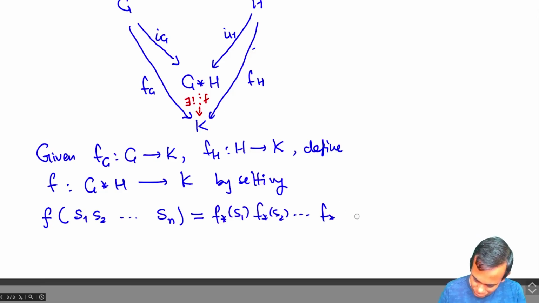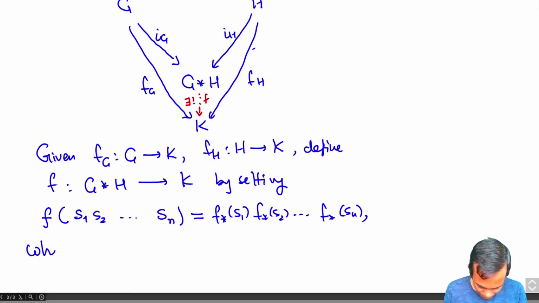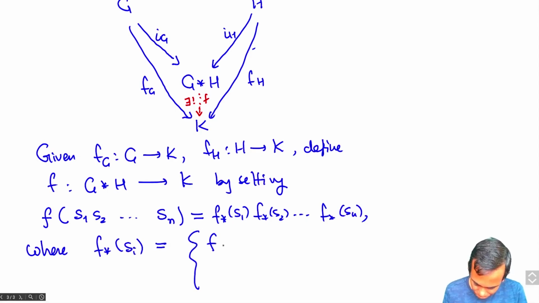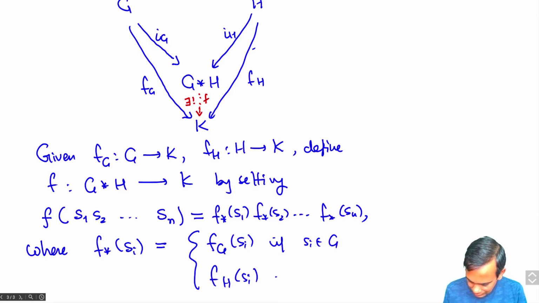I need to tell you what F star is, where F star Si is equal to FG of Si if Si belongs to G, and is equal to FH of Si if Si belongs to H.